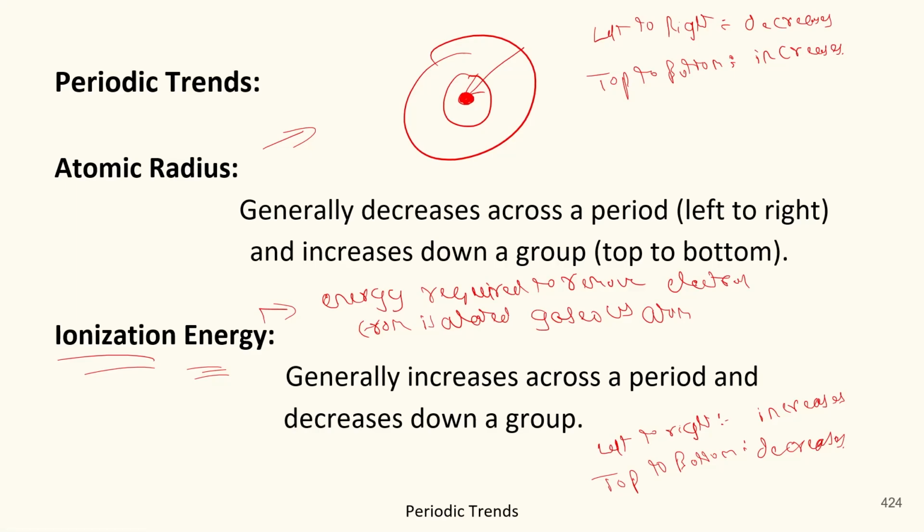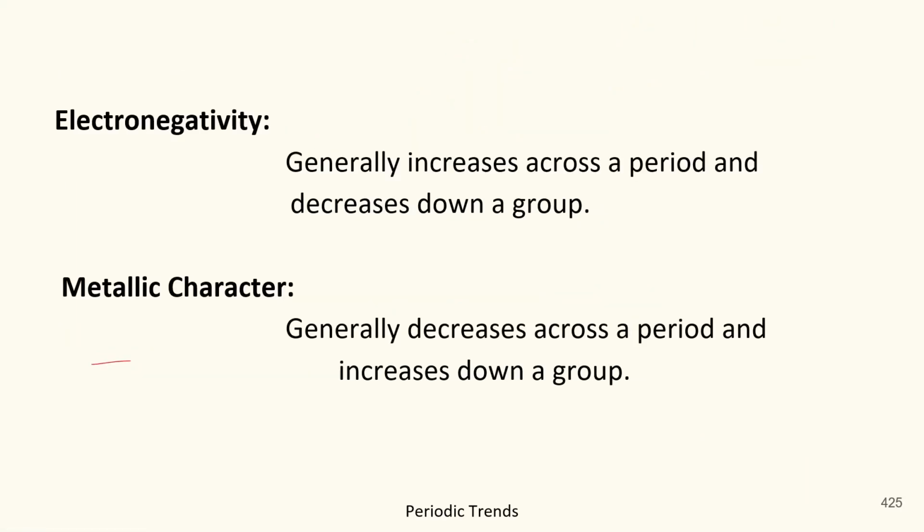Second one is electronegativity. It is the tendency of an element to attract electrons. Okay, because electrons are negative, that's why it is known as electronegativity, or you can say it is the element's power to attract electrons.